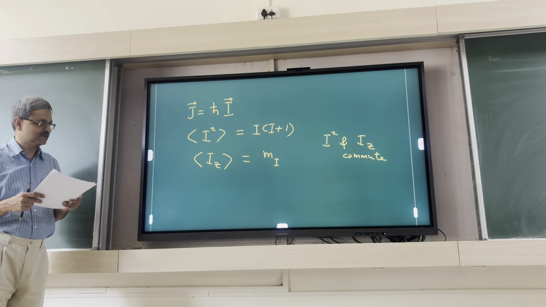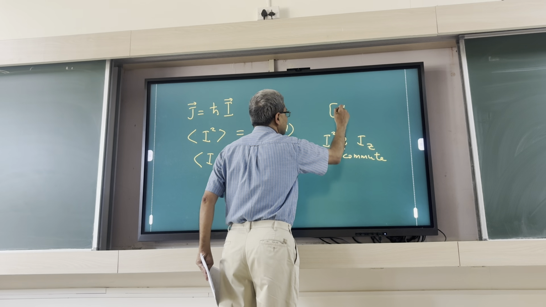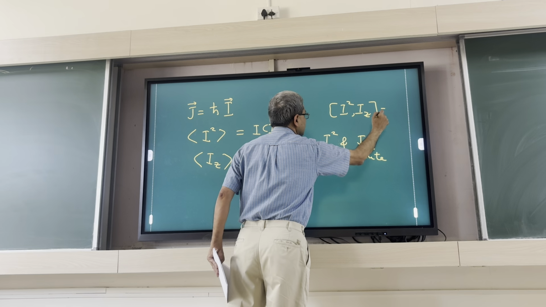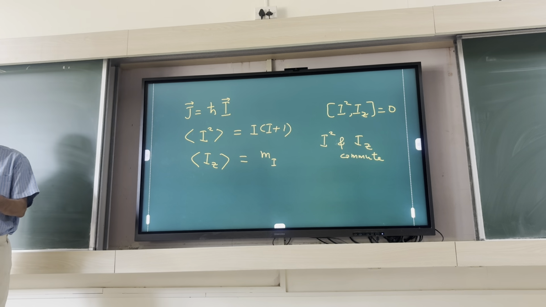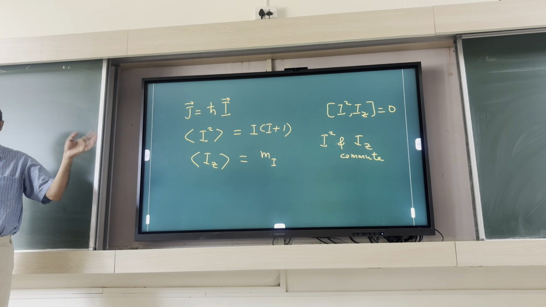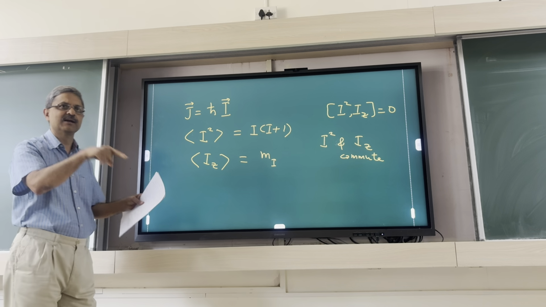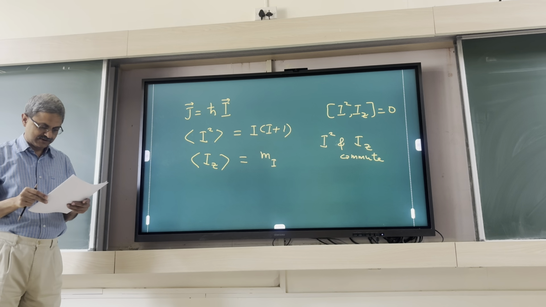So you know the operation one has to do. You're also familiar that Ix, y, z components, Ix and Iy, any two components, they don't commute, right? And they're also connected in this cyclic manner. Ix, Iy is Iz and so on.